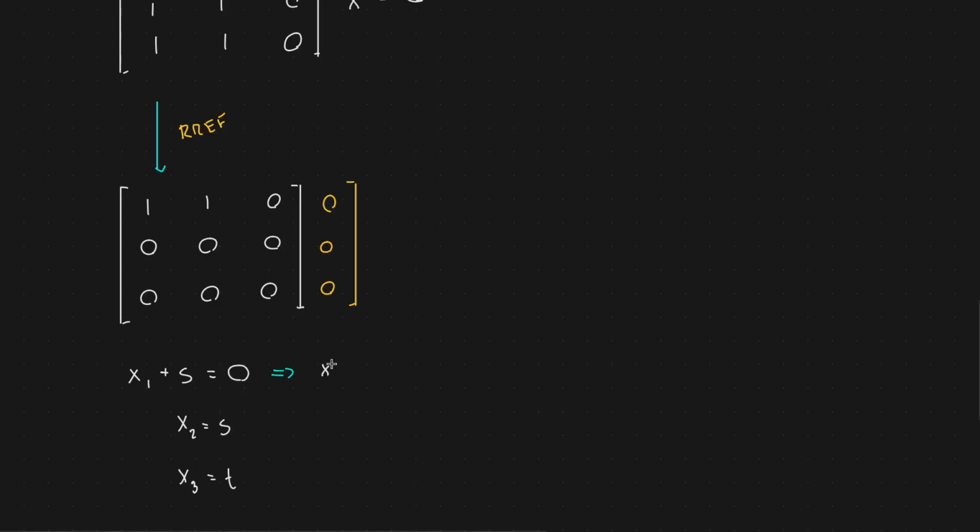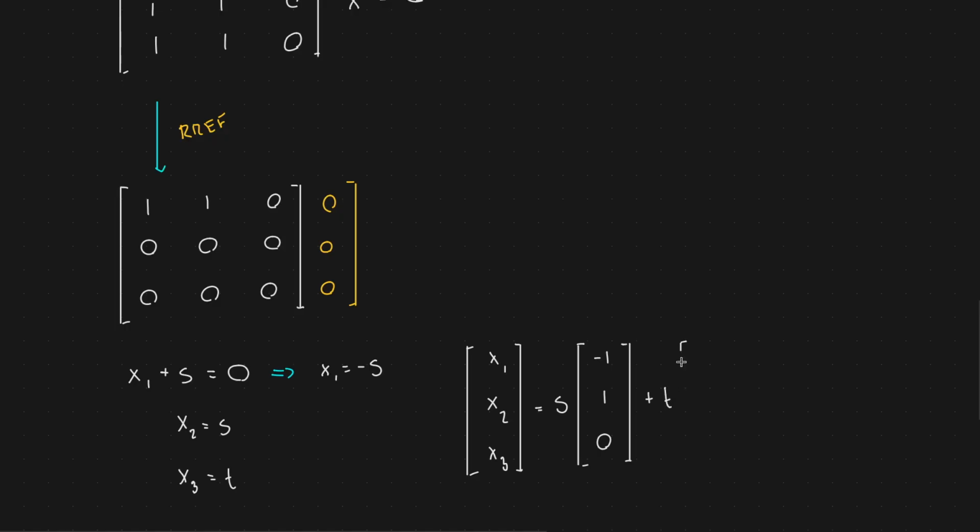And so x1 is equal to negative s. And so my solution x1, x2, x3 is any vector that can be written in the form s times (negative 1, 1, 0) plus t times (0, 0, 1).